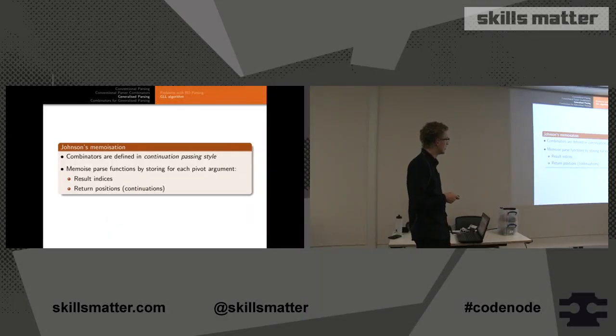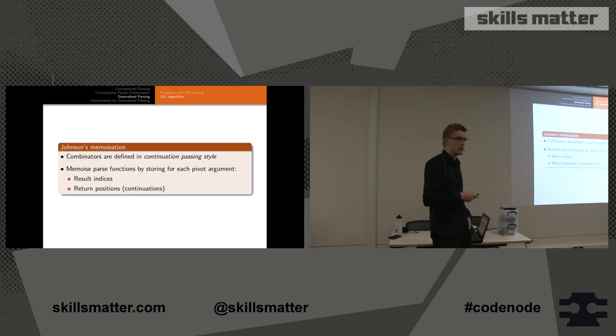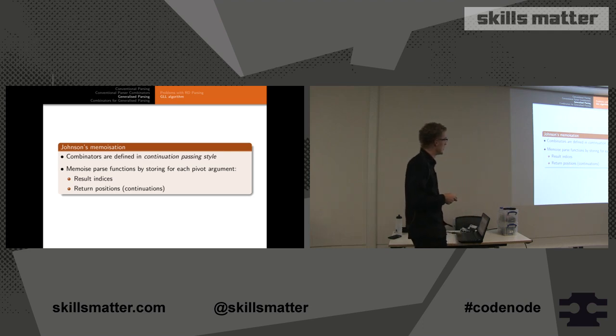And then the idea of the memoization procedure is that not only will we remember results, so that's the classical memoization, that when we apply a function to the same arguments, if we already computed the results for those arguments, it's cached, we can just look it up and return it. But now we will also store the continuations.